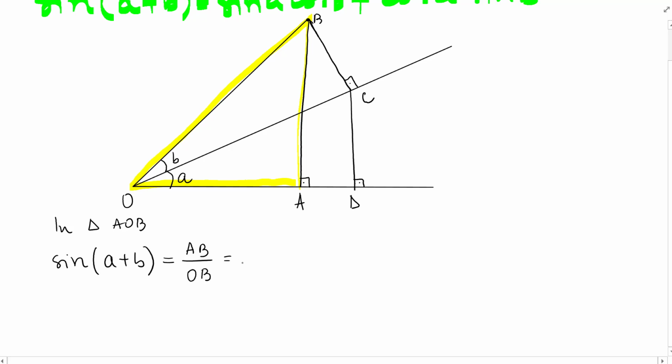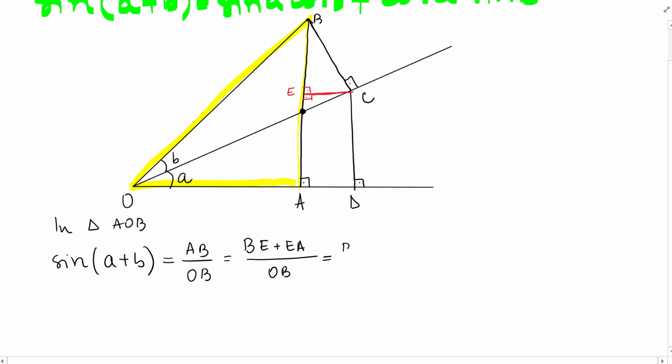Now let's use the fact that AB, the segment AB, is made by these two segments, which I'm going to draw this perpendicular side and call it CE. So let's say that AB is BE plus EA over OB.